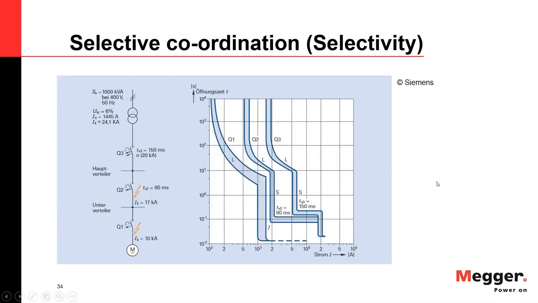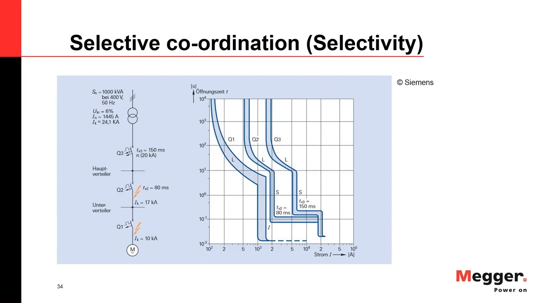Now just really quick, the whole thing, the whole testing and verifying the curve and that the breaker is still true to its intended curve, is selectivity or selective coordination. That means you have different breakers at different levels in series: a main feeder, branches, and then a panel breaker, and depending on where the fault is, not all of these breakers should interrupt.